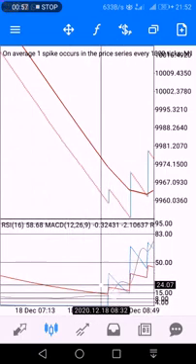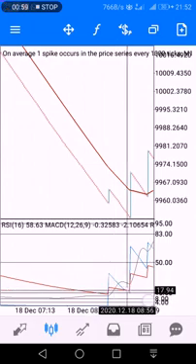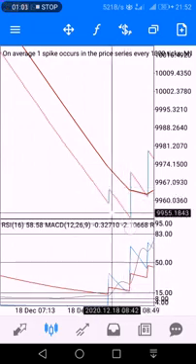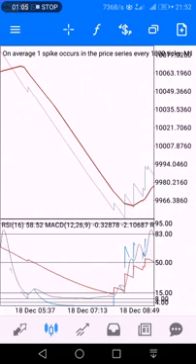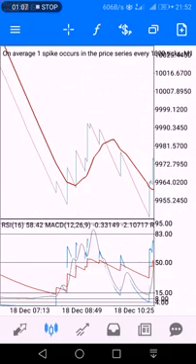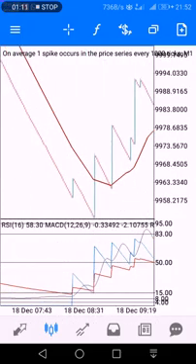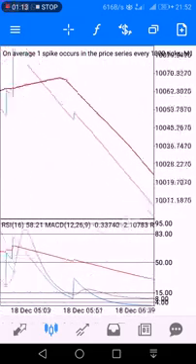So if you had entered here and you had held your trade, you would have got longer spikes. You would have got all these spikes up. I don't know if you understand. So that's how it works basically.